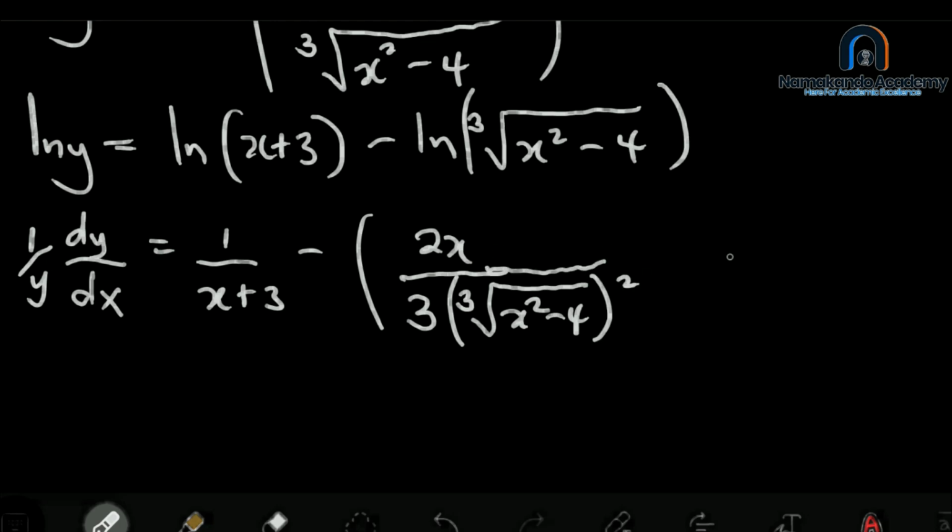This is according to the chain rule. Then this will be divided by the same cube root of x squared minus 4.